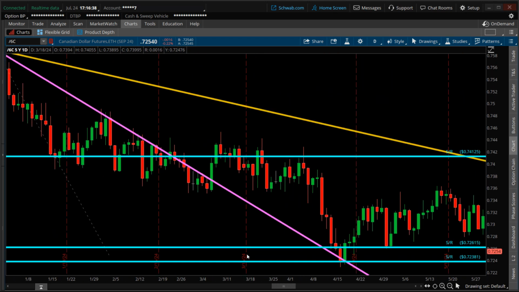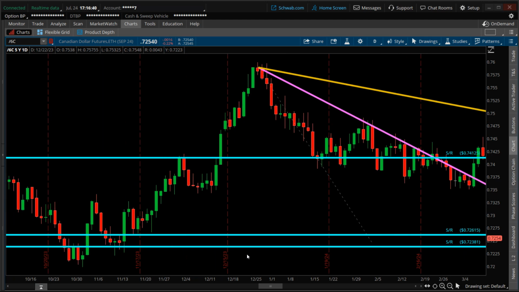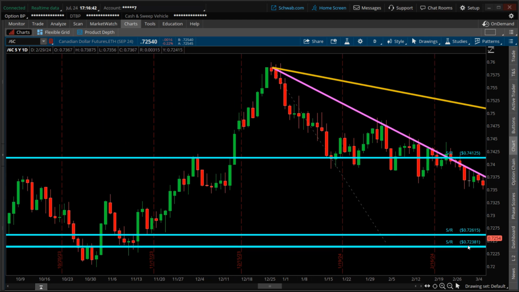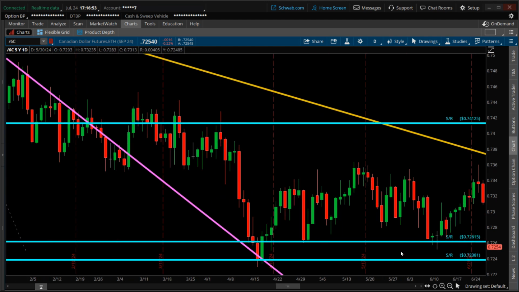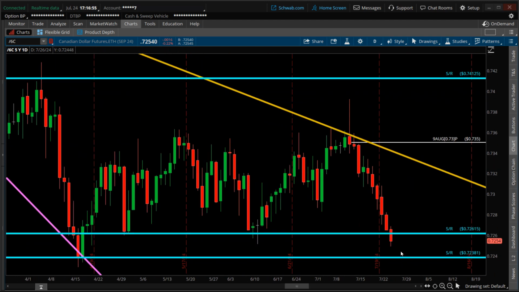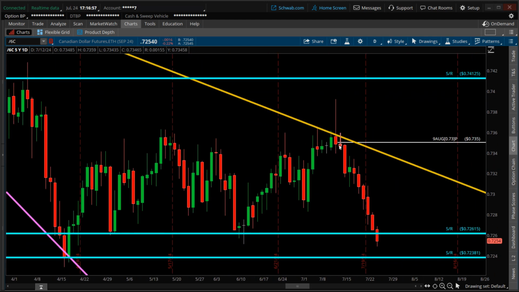If I scroll further back, this following support level does have reasonable evidence of support. So I'd like to capitalize on the gains to date since entering the trade right here on this candlestick.